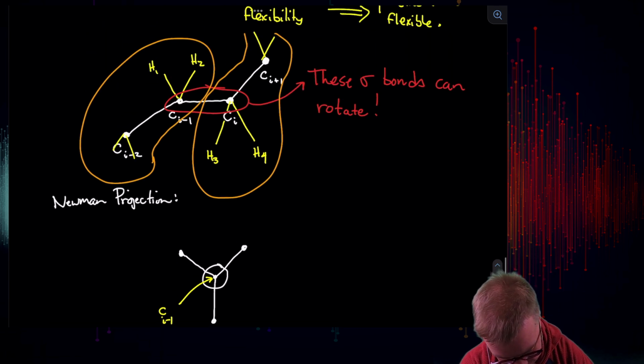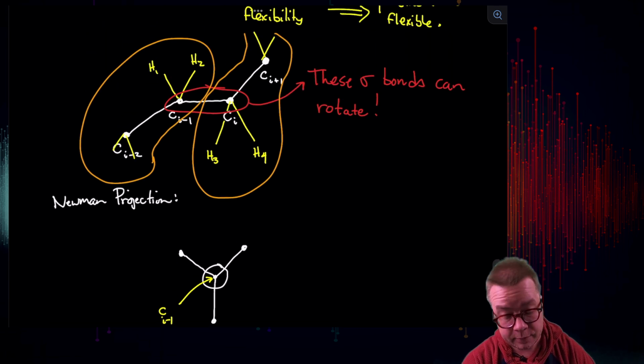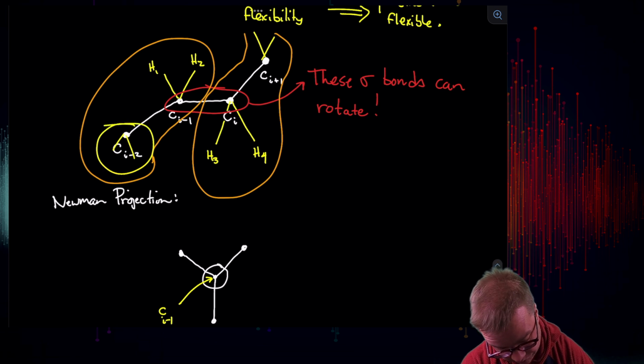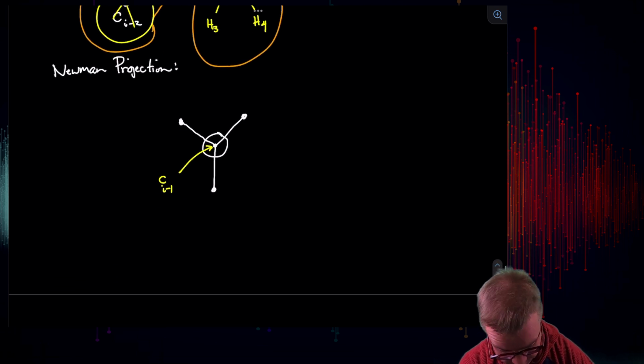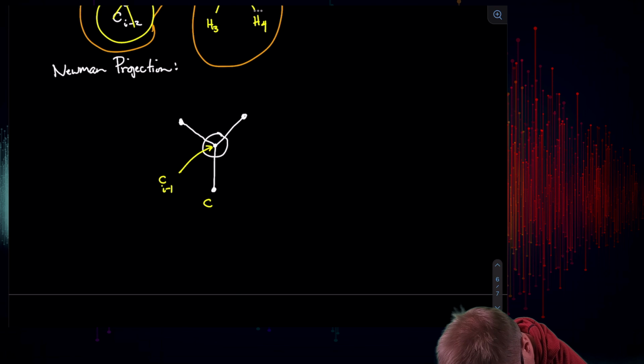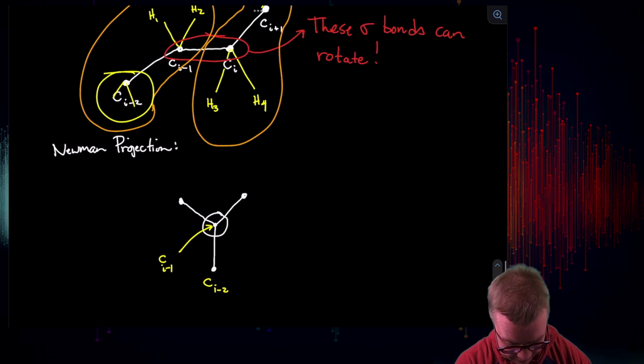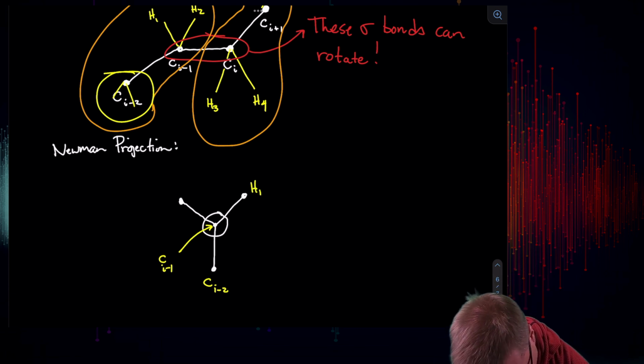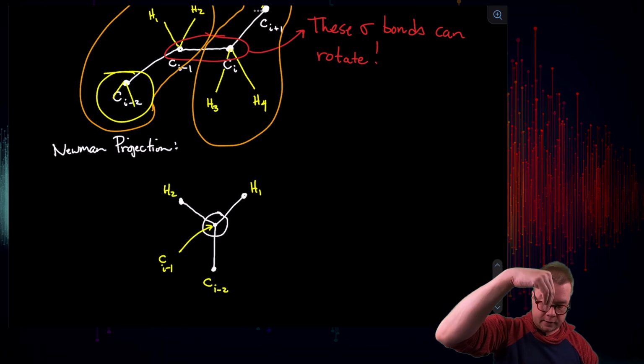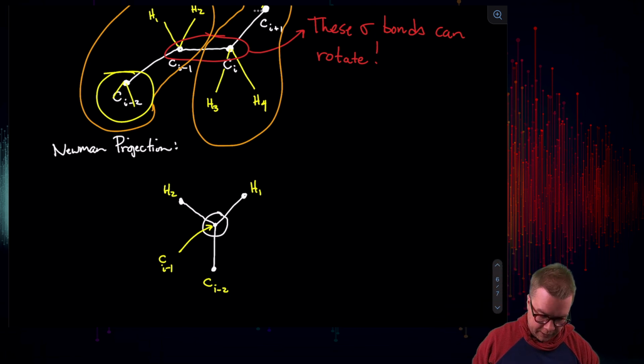And if you'll notice, coming off of atom carbon I-1 is going to be one carbon. So down here we've got carbon I-2. And that means that up here at the top we've got H1 and H2. Okay, so we've got the orientation of the carbons and the hydrogens with respect to carbon I-1.